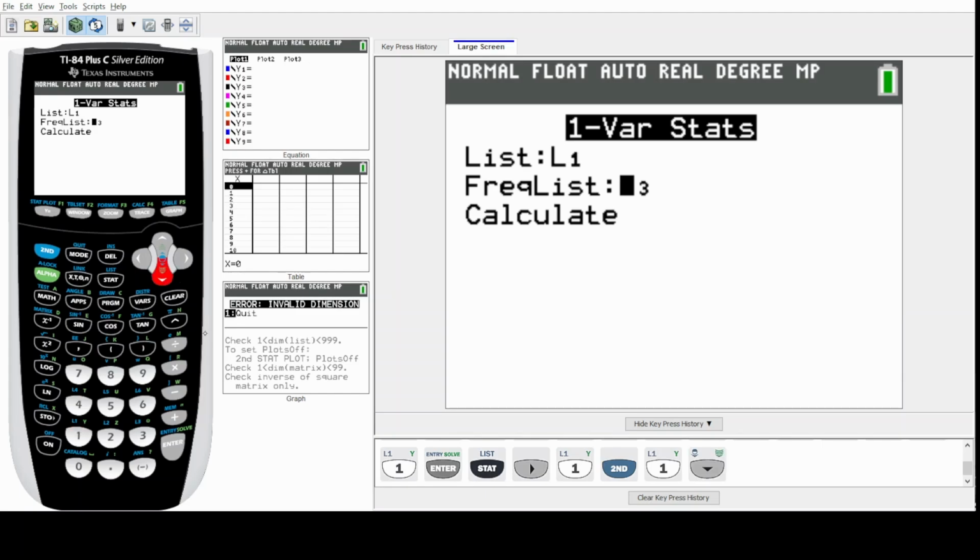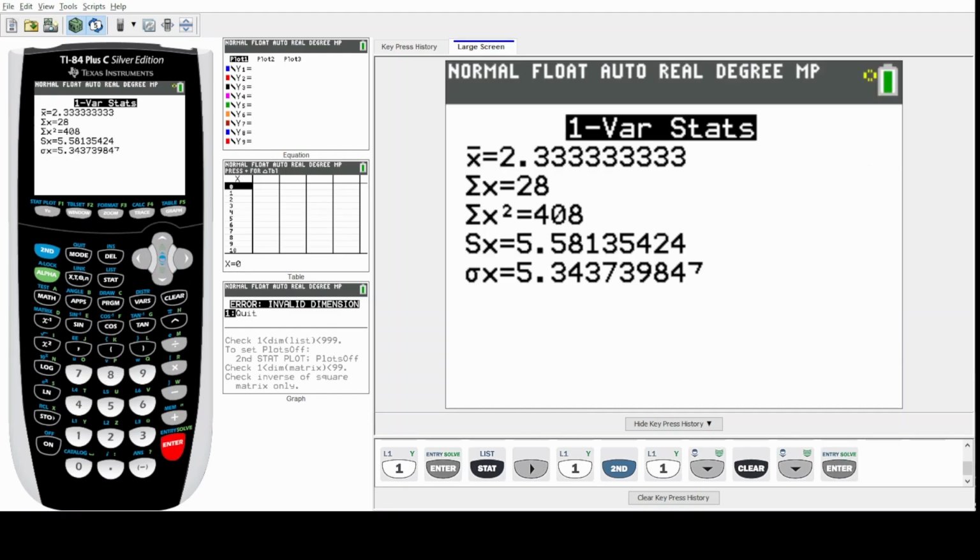My frequency list, I just need to clear that because I don't have a frequency list here, and I will calculate. And there they are. So it gives me the mean of 2.3 repeating as expected. And right here we have sigma x equals 5.34. So that is my standard deviation.